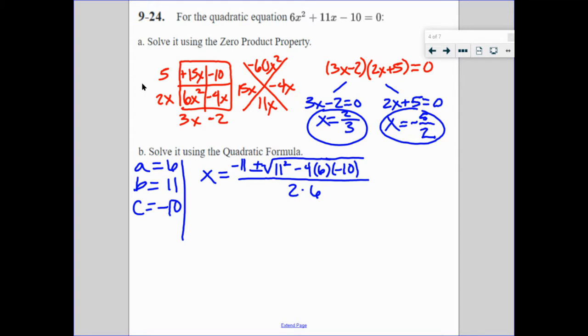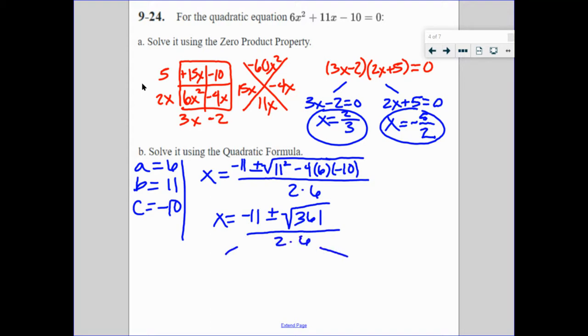The next step would be let's gather up everything under the root. This is the best next step you should do. So keep it all together for right now. You have the negative 11 plus or minus the square root, and you should get a positive 361 under the radical, all over 2 times 6.